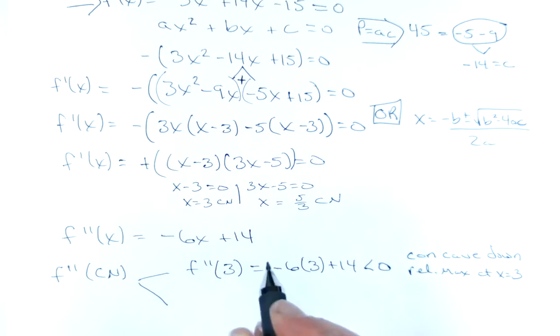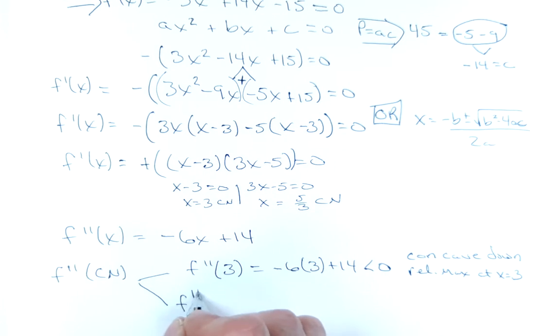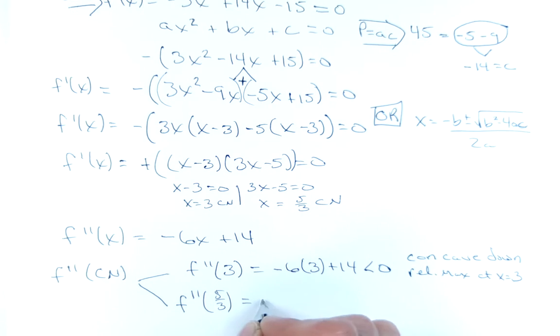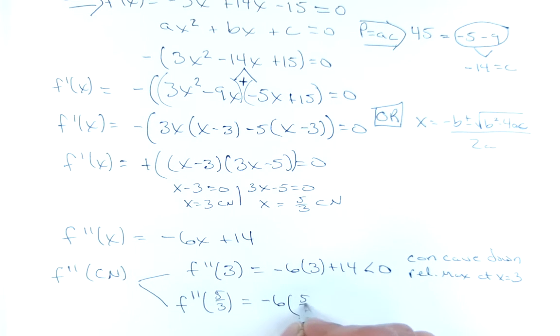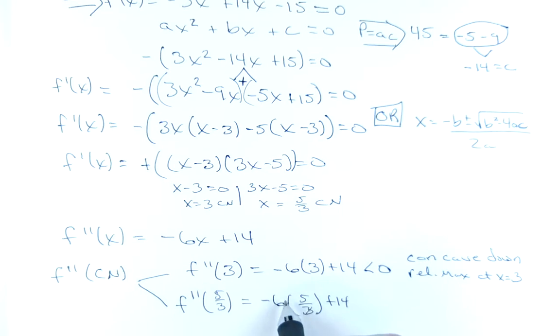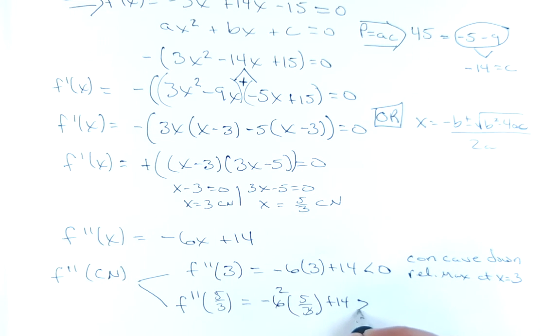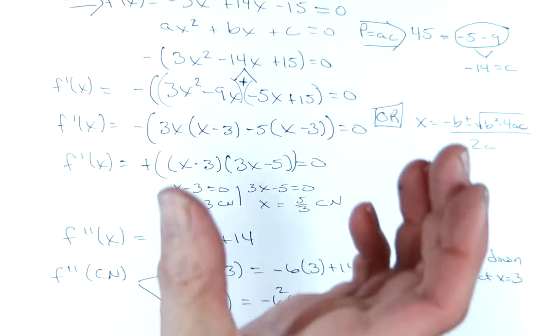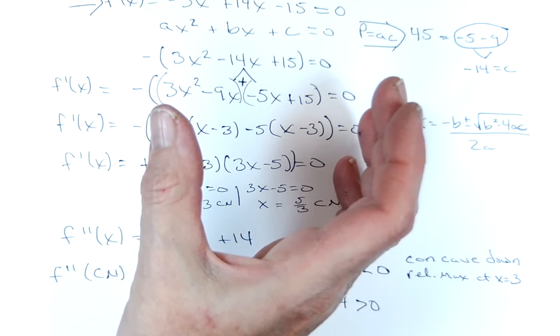And then we check the other critical number in the second derivative. And so we get negative 6 times 5/3 plus 14. And the 3 can reduce with the 6. So now that's negative 10 plus 14. That's positive. And if the second derivative is positive, then every value in that interval is concave up, which means opens upward.